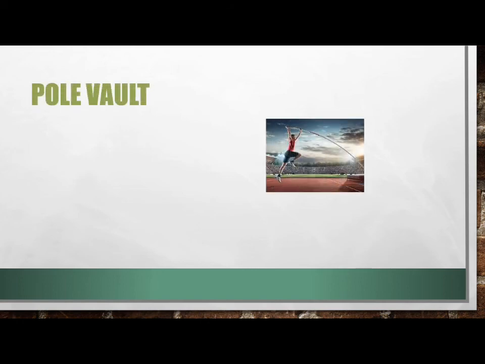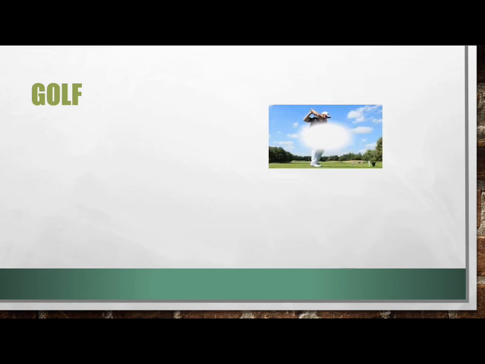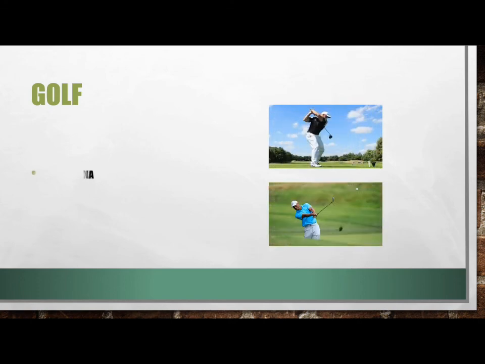Now pole vault. In pole vault, when the athlete puts the pole on the ground and starts to jump, the pole acts as a second class lever. Now golf. In golf, golf clubs act as a lever, which is a third class lever.